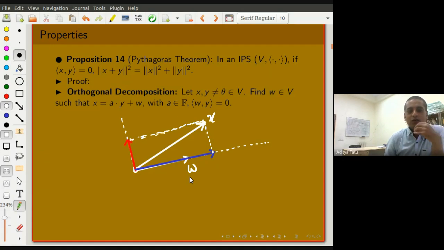There, you always assume you are working in R2 or R3. Right now, we shouldn't make that assumption. To derive that, all we know is this blue vector is just a scalar multiple of w, right?